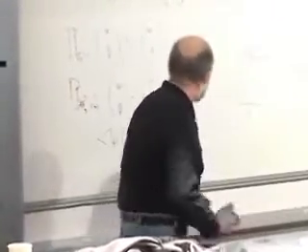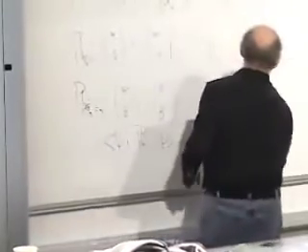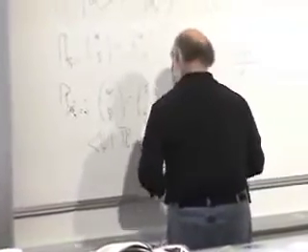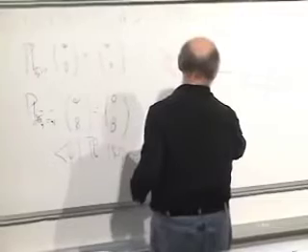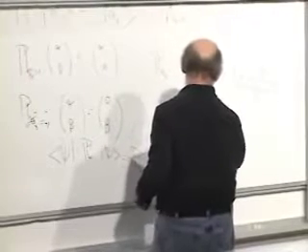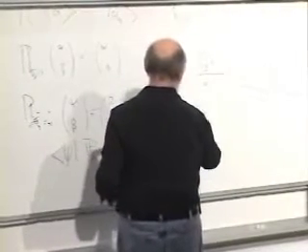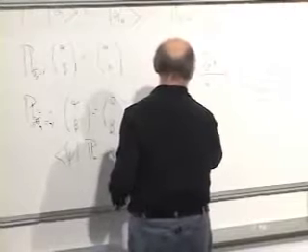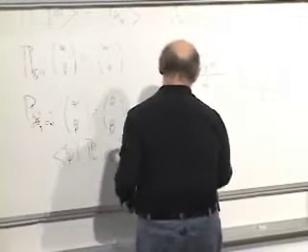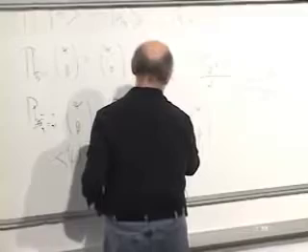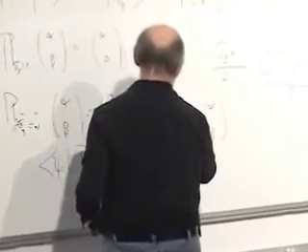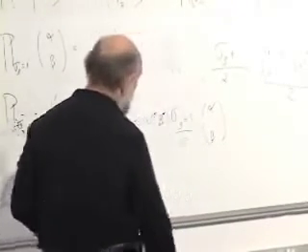Supposing again psi is just the vector alpha, beta, and P3 is sigma 3 plus 1 divided by 2. So here we have alpha, beta, then sigma 3 plus 1 divided by 2, and then alpha star, beta star. This is the expectation value of the projection operator.